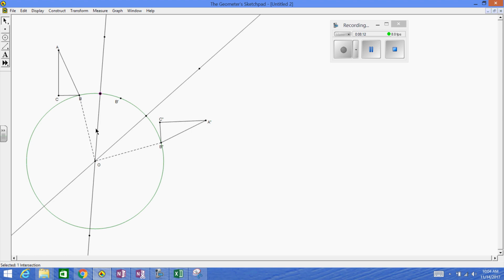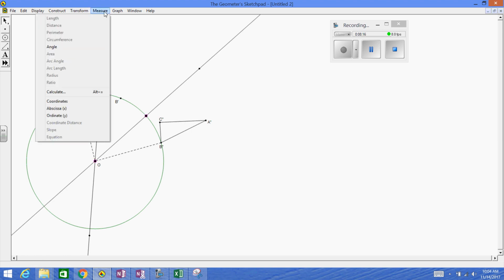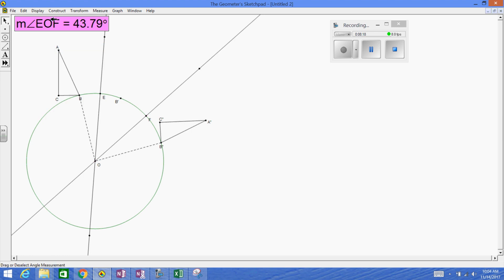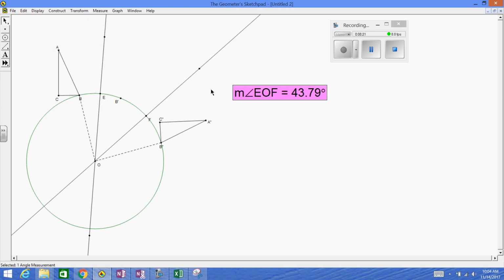So what I want to do right now is calculate this angle. I'm going to let the program here measure it. 43.79. Maybe I can get that to 44. Close enough, right? It's essentially 44 if we round it.